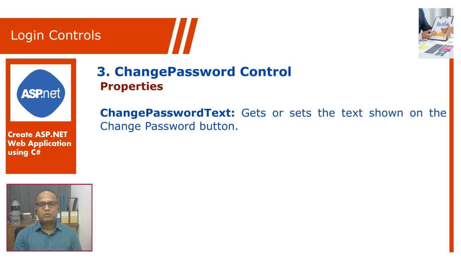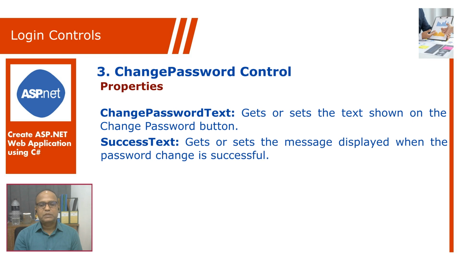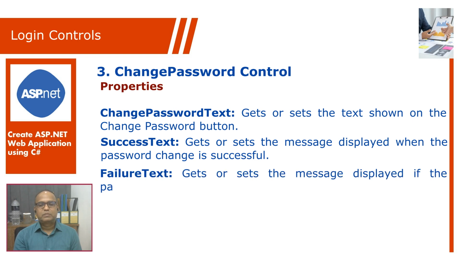Change password text: gets or sets the text shown on the change password button. Success text: gets or sets the message displayed when the password change is successful. Failure text: gets or sets the message displayed if the password change fails.